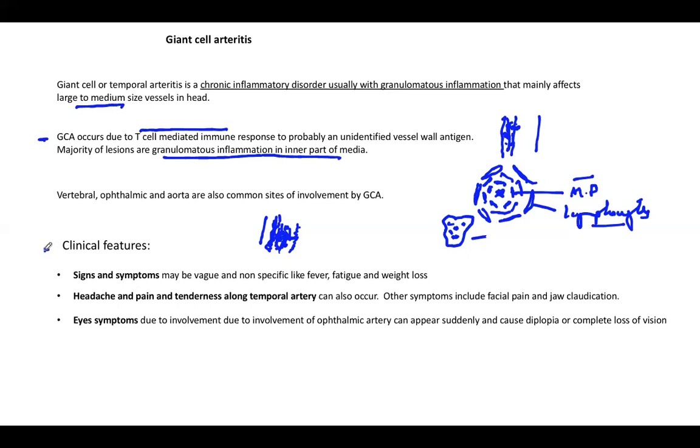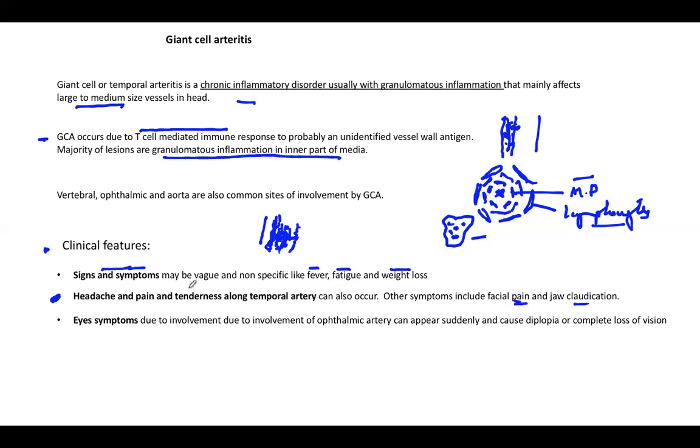So what are the clinical features? These can be non-specific features of chronic inflammation like fatigue, fever, and weight loss. And then these are the specific symptoms: headache, pain, and tenderness along the temporal artery in the temple, jaw claudication, facial pain.